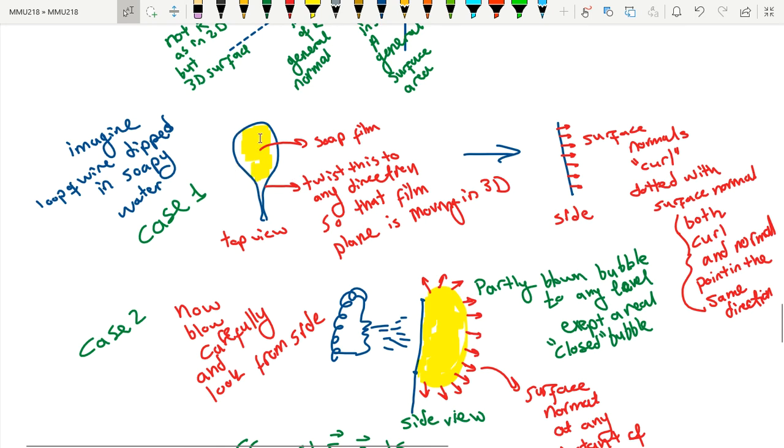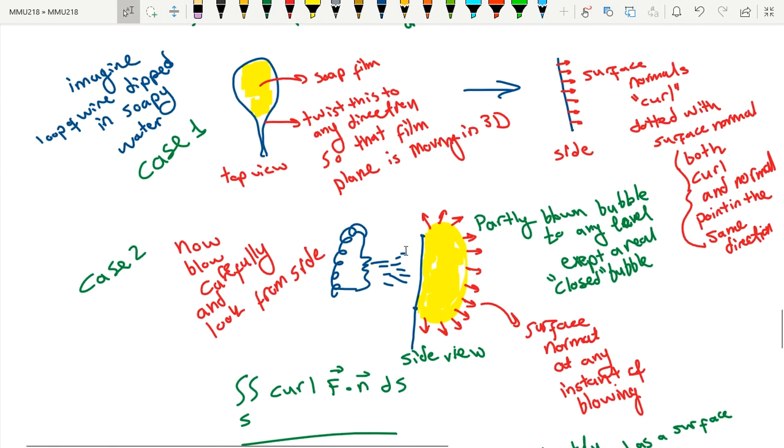So whether I have a film of soap or a half blown bubble or quarter blown bubble, it doesn't matter. I'm taking the flux of the air field that I'm blowing in from this opening over here.